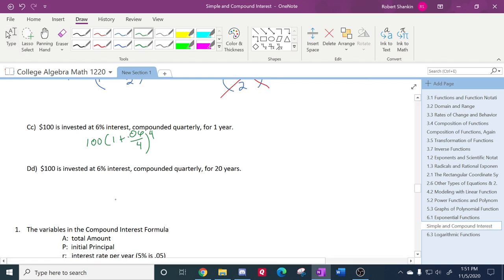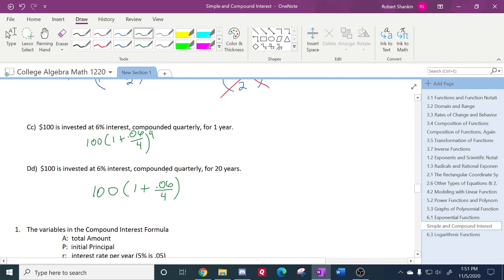Okay, I'm going to give the answer for this one. $100. All I think about at first is after 1 quarter, that's going to be my total. After 1 quarter of 1 year, I'm going to get that much.